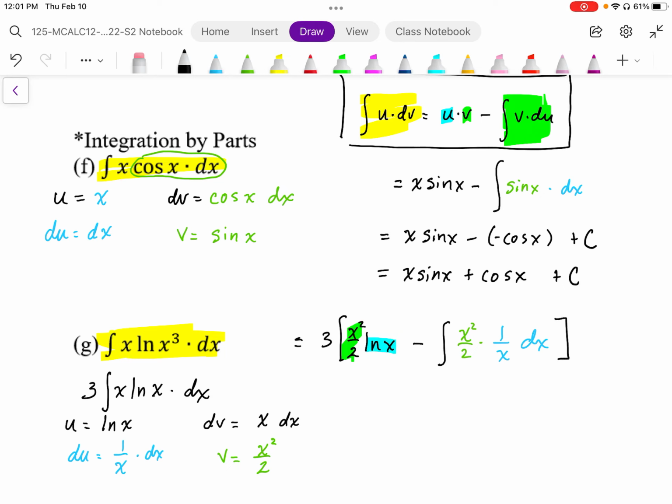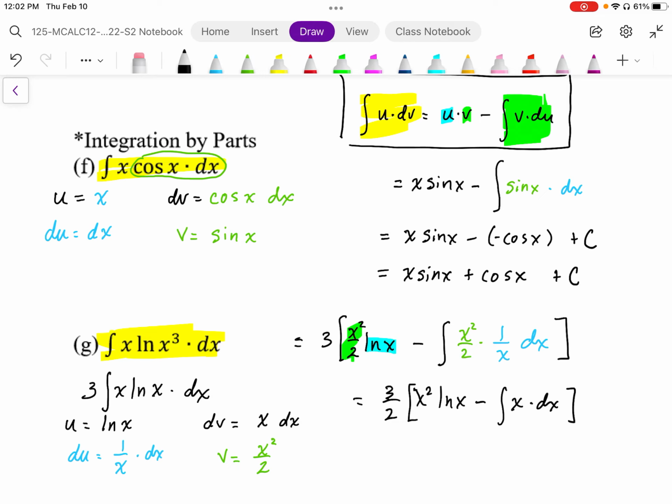And the answer is yes, because that's just going to simplify to an x function. Okay, so I'm going to factor out the 2 out of here. So this is equivalent to 3 over 2. And then I end up with x squared log x on the outside of the integral. This simplifies into the integral of x dx.